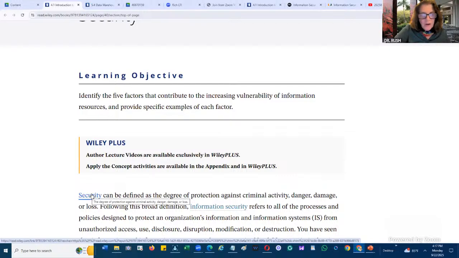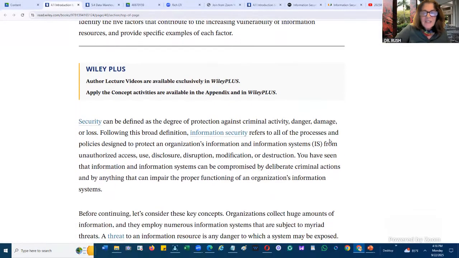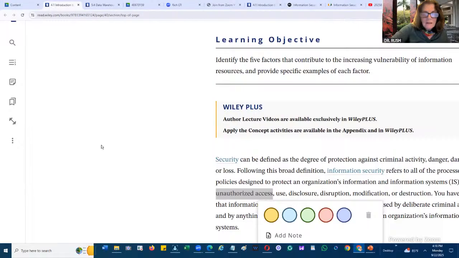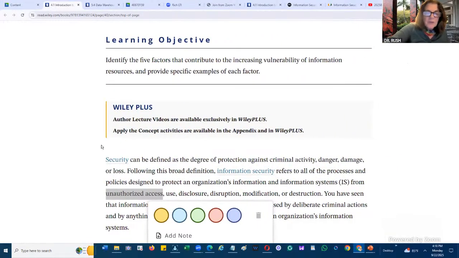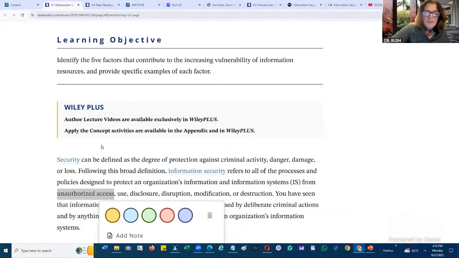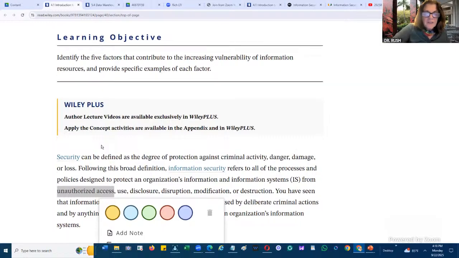I have to secure it for a hurricane. But information security is key here. It refers to all the processes and all the policies designed to protect an organization's information and information systems from what? Unauthorized access, right? Their use, their disclosure, their disruption, their modification.